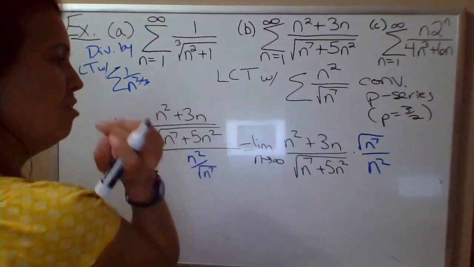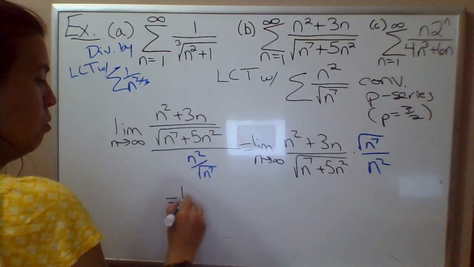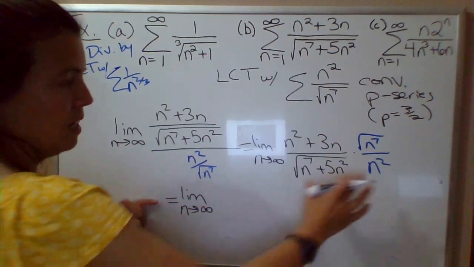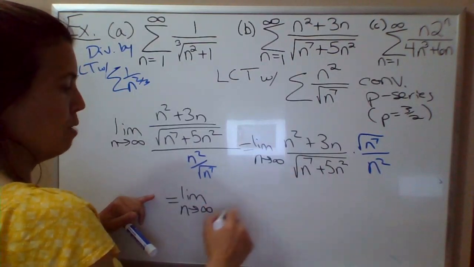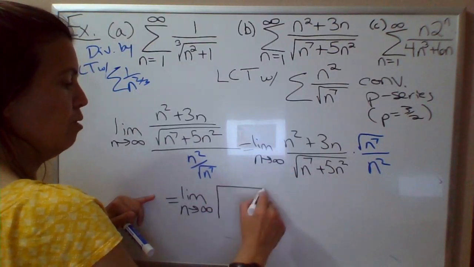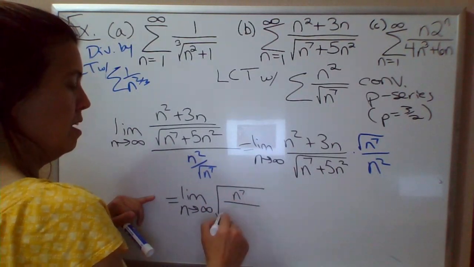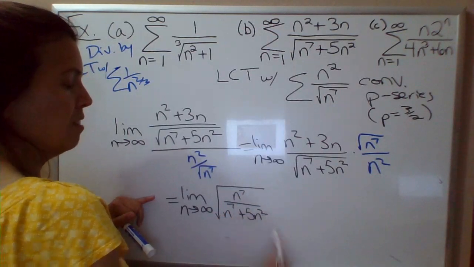I'm going to take advantage of a couple of properties of limits. I'm going to gather my square root terms and write them under one big radical. So I've got the square root of n to the 7th in the numerator, and n to the 7th plus 5n squared in the denominator.